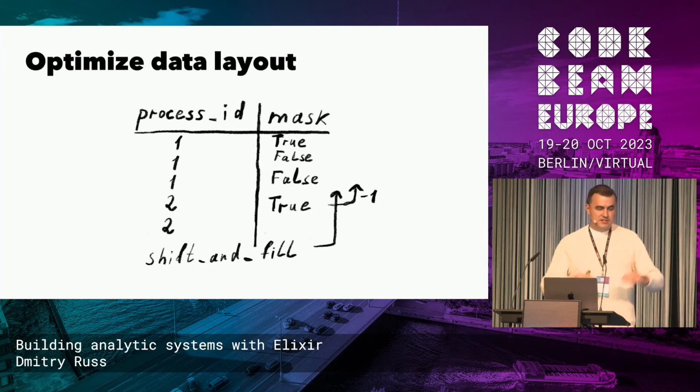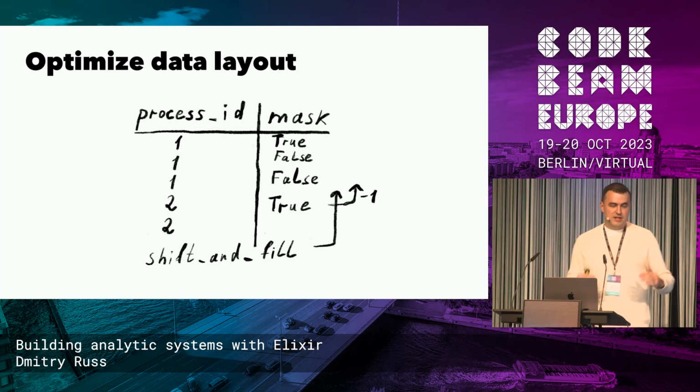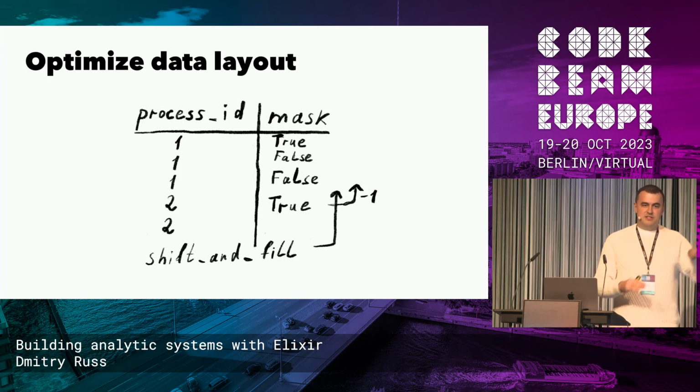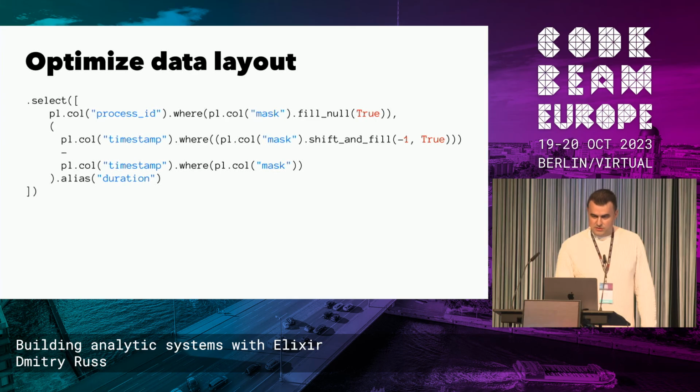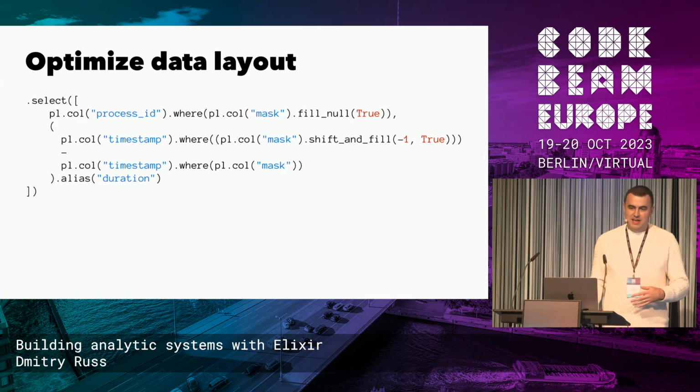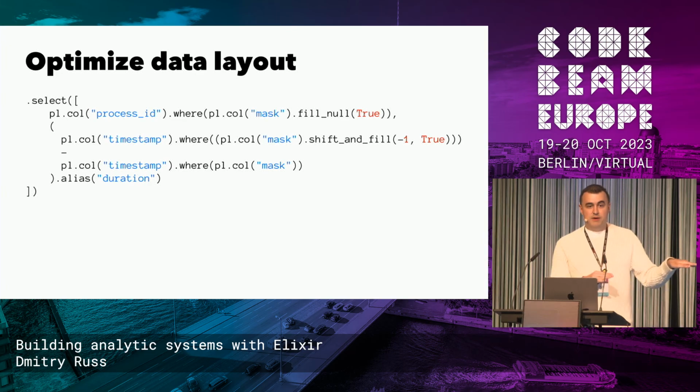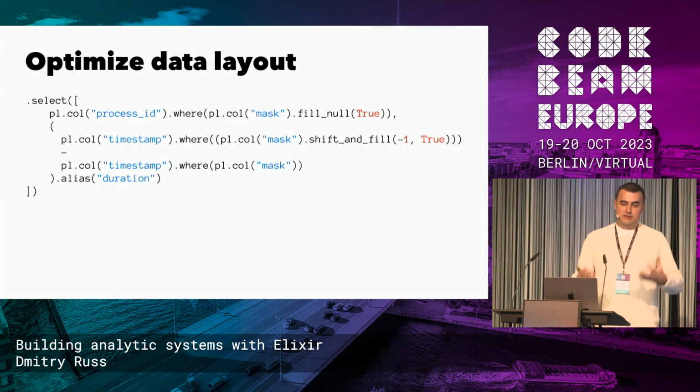Then you have two masks: this is the start of my process, this is the end of my process. In the end, you take values from these two masks in one linear scan and subtract the start of my process from the end of my process, and then you get a duration without grouping, just by laying out the storage for your data accesses.